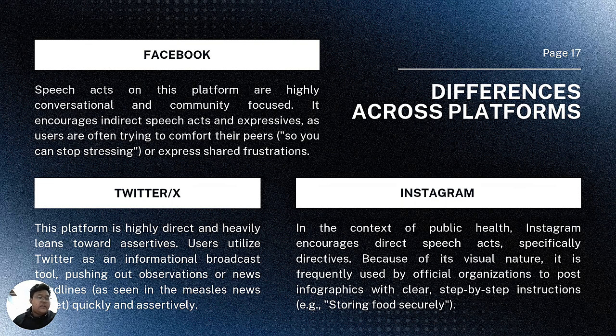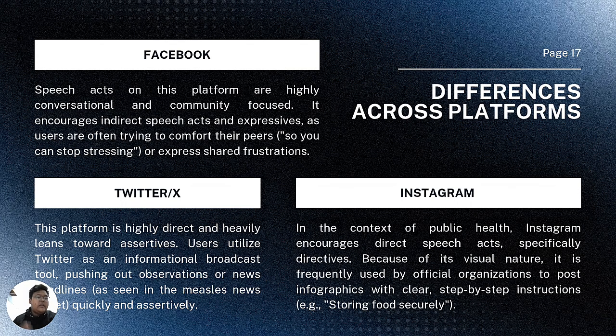For example, like the previous post, you can see that there is a lot of directness in Twitter. And this is actually kind of true, because usually people come to Twitter to look up the news. Basically, the newest news on Twitter is easier to get than on Facebook.